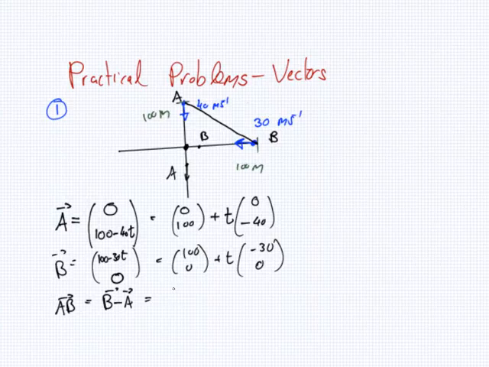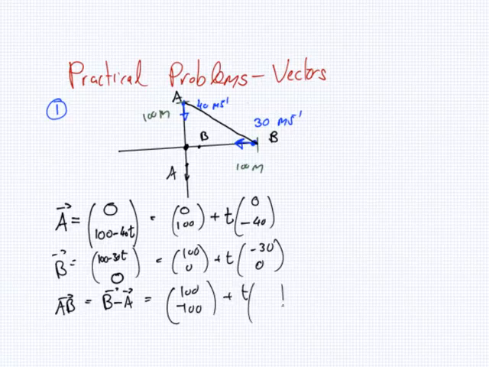That would be this one minus this one. So 100 minus 0 is 100. 0 minus 100 is minus 100. Minus 30 minus 0 is minus 30. And 0 minus 40 is minus 40. So this is AB.